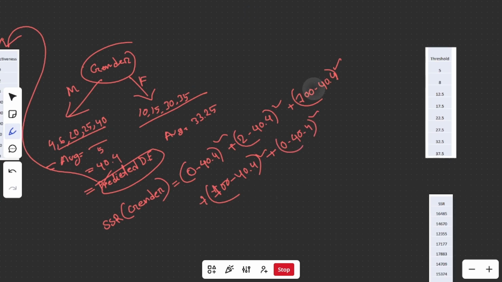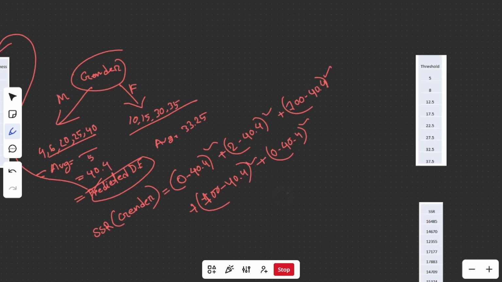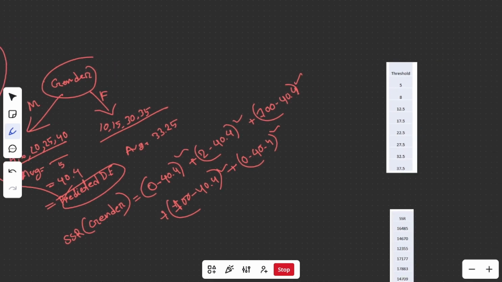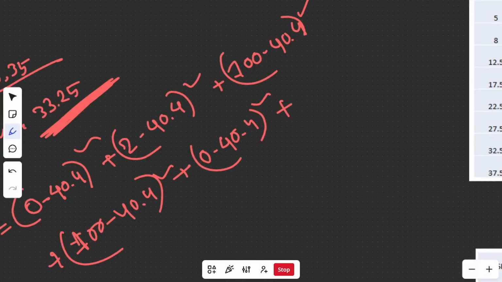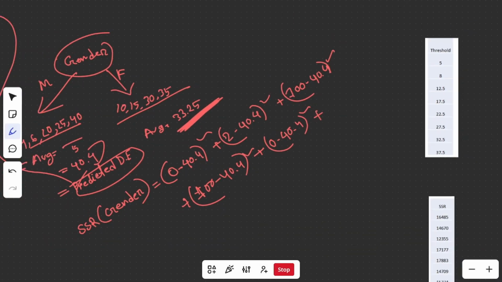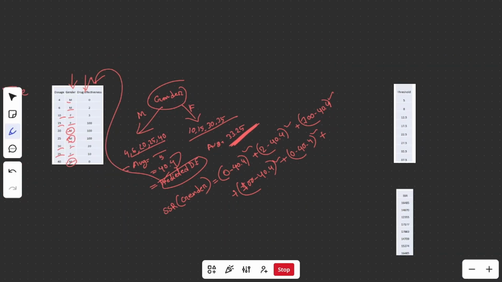Then for female we have to do the same, but we have to subtract this average, not this, this. So for 10, 15, okay.